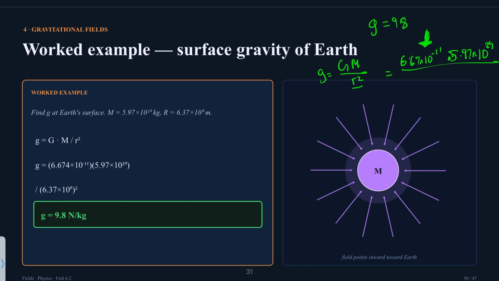Why is it the radius of the Earth? Because when you stand on the Earth, from Earth's center of mass, you're a distance of r. The Earth isn't a perfectly spherical object, but imagine it is. From that point of view, the radius of the Earth is where you're standing. You're not standing above. This is a very inaccurate to scale diagram.